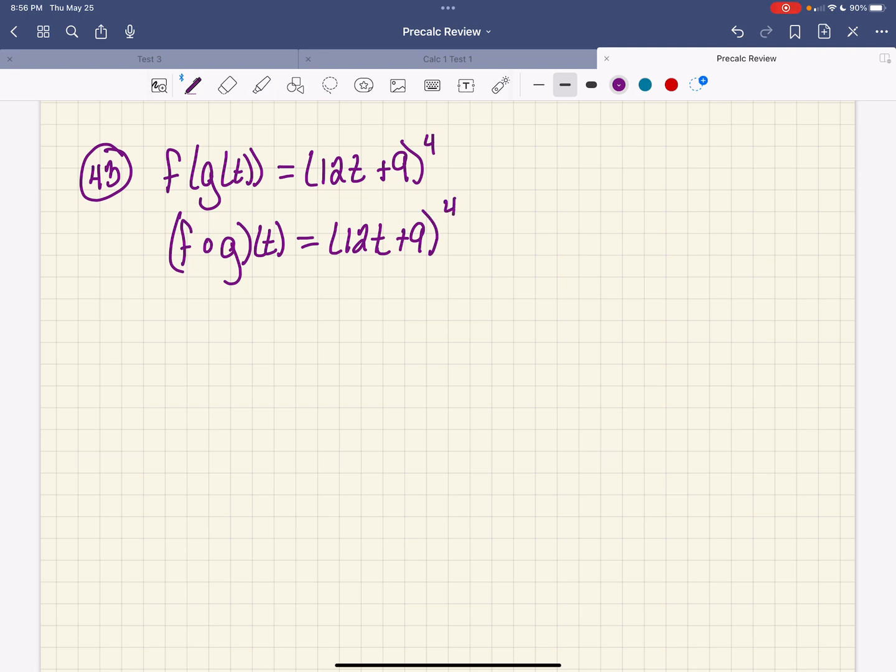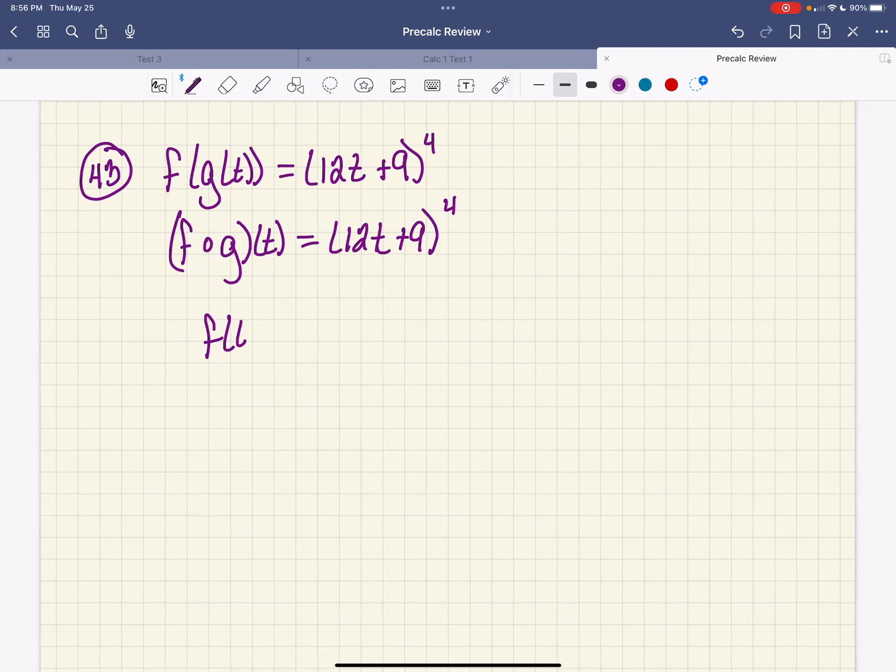So basically, what you're wanting to do is define what f of t is, and then what g of t is. That's what you're trying to do. Okay, so this part, the g of t is going to be the inside. The g of t is going to be the inside. Okay, so our g of t is going to be 12t plus 9, okay, because that's what's on the inside.